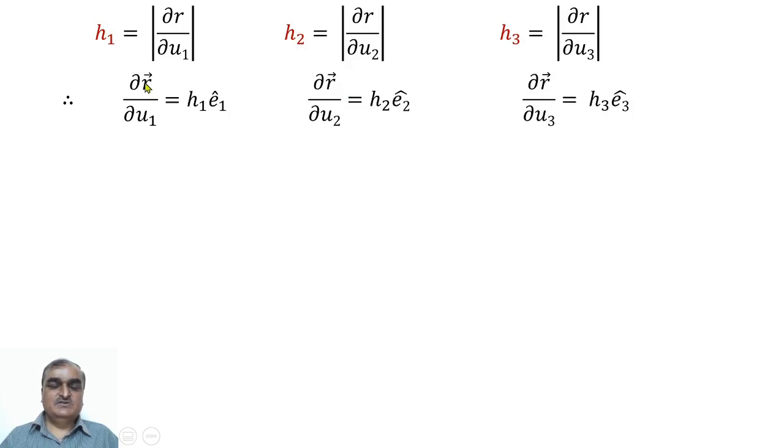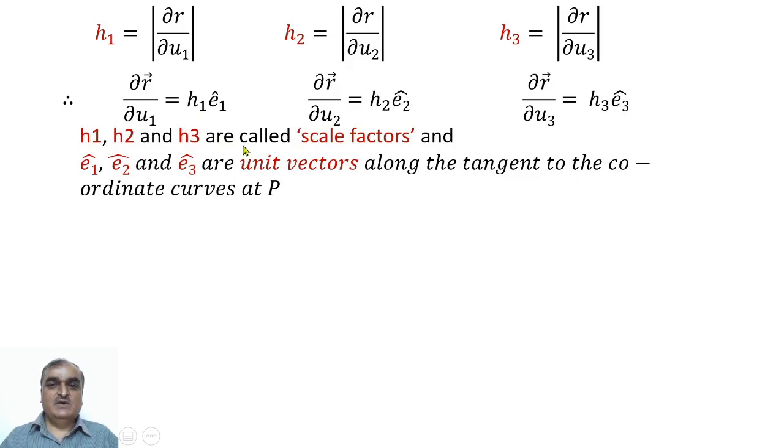Therefore, substituting, we get ∂r bar by ∂u1 is equal to h1 e1 cap, ∂r bar by ∂u2 is equal to h2 e2 cap, and ∂r bar by ∂u3 is equal to h3 e3 cap, where h1, h2, h3 are called scale factors.